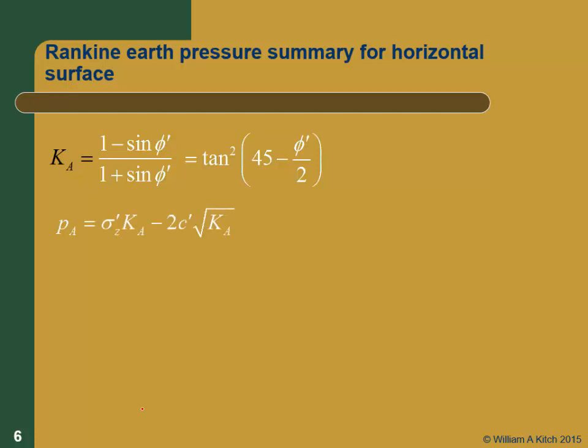The active force on the wall, this is our definition, by the way. This is the definition we're going to use. We're going to stick with this definition. But the total active force on the wall is going to be sigma prime z times Ka minus 2 times c times the square root of Ka.